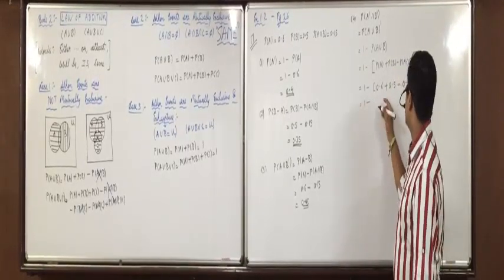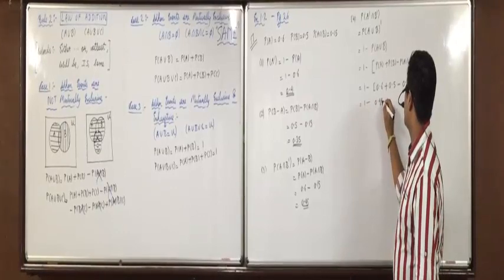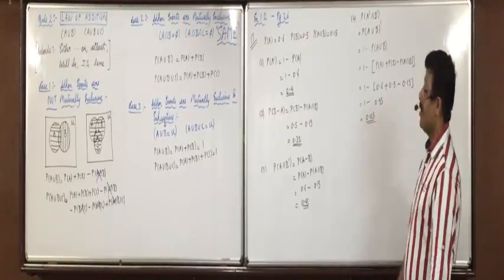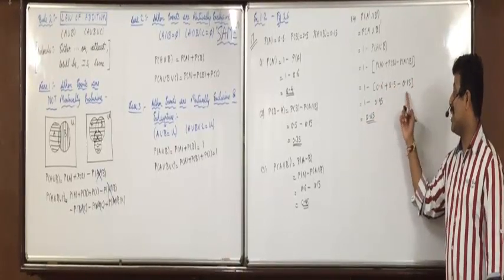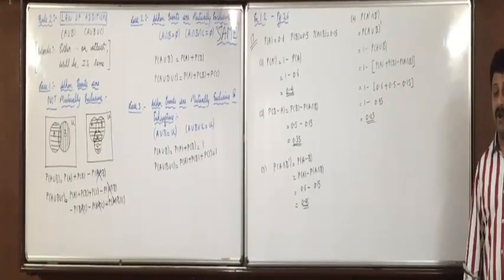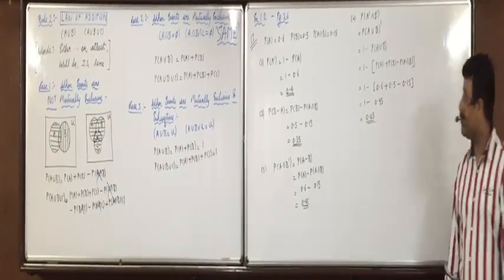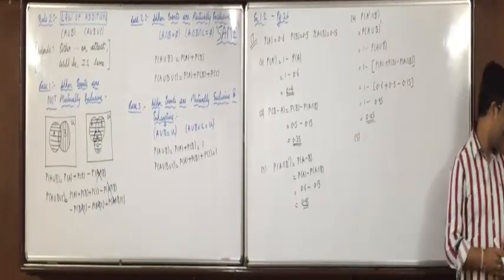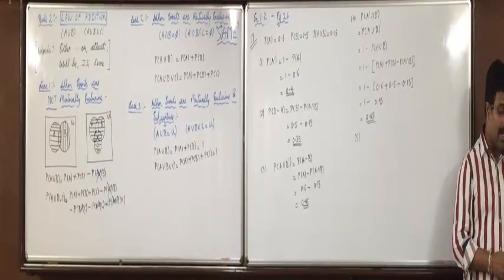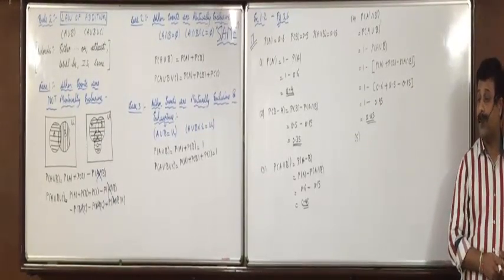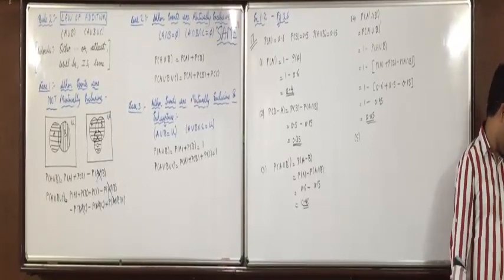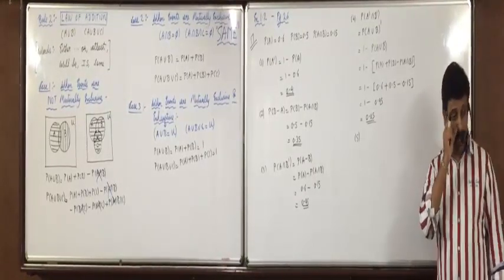So 1 minus 0.95, that is 0.05. Okay, 0.6 plus 0.5 minus 0.15 is 0.95. Anyone having any doubt in this? Then the fifth question. Who all are still doing the fourth? Raise your hand. Now fifth question: how will you find A not union B not?